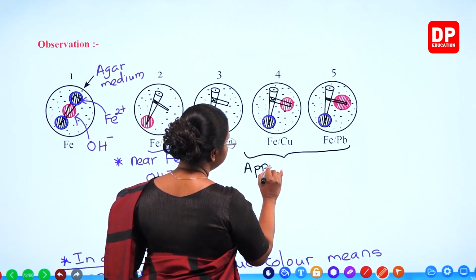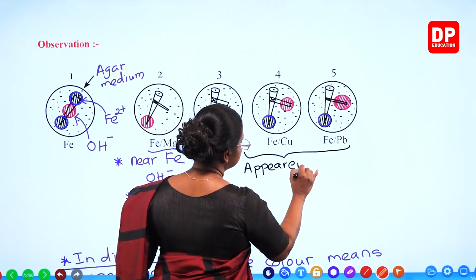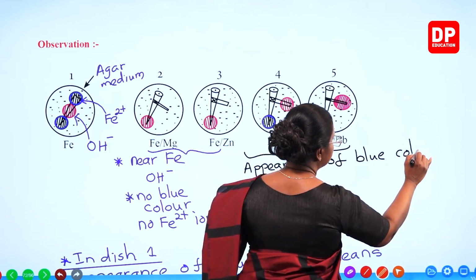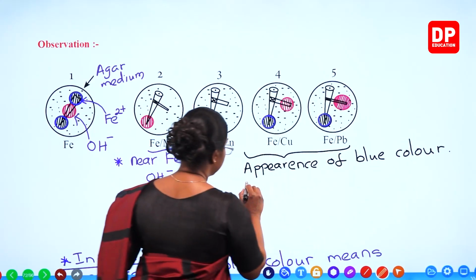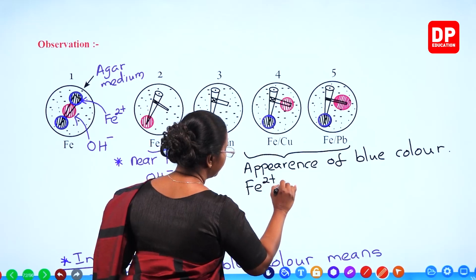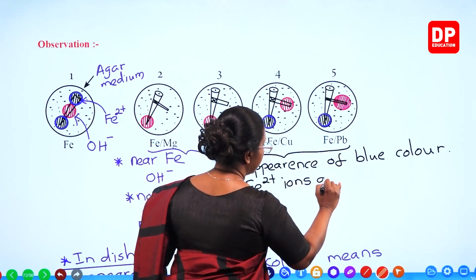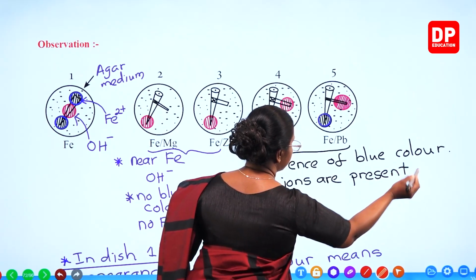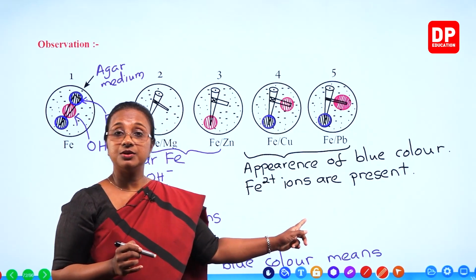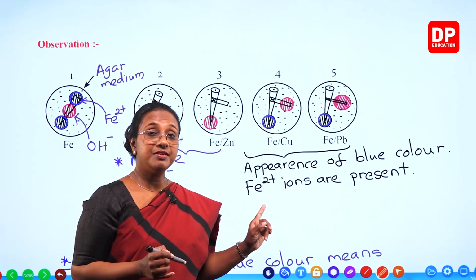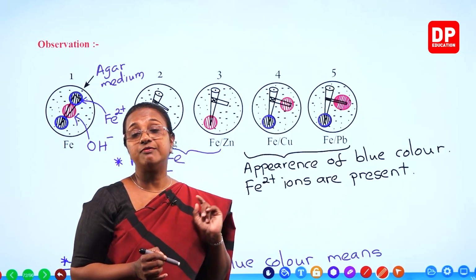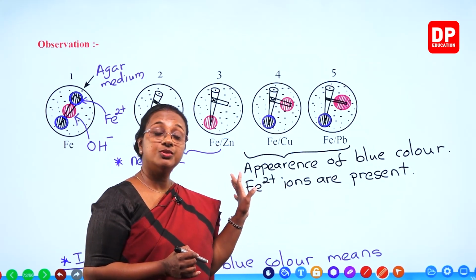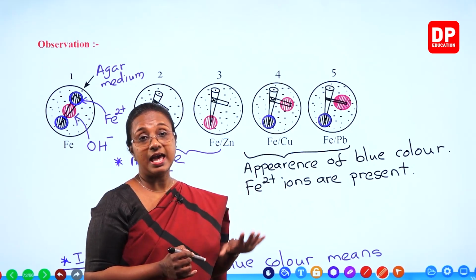Appearance of blue color means iron Fe2 plus ions are present. So that means iron has undergone oxidation. Fe has lost 2 electrons forming Fe2 plus ions. Iron has undergone oxidation. So there iron will be the anode.